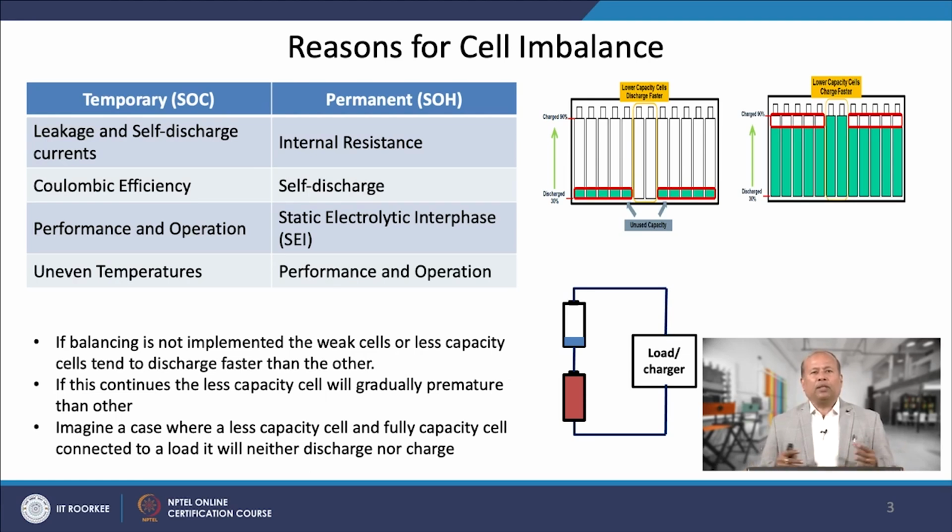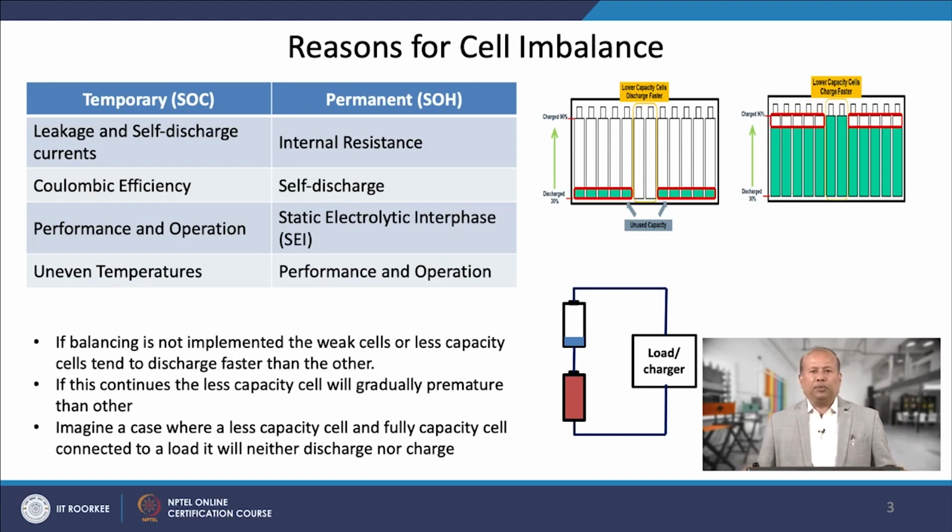The permanent causes of cell imbalance include internal resistance change, self discharge rate, damage to the solid electrolyte interface and capacity differences.